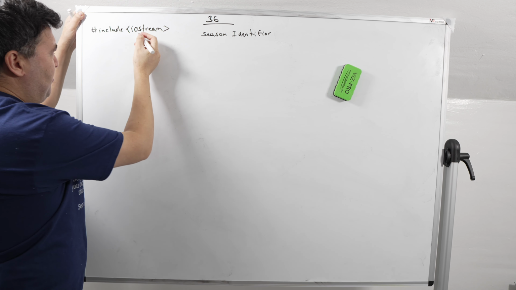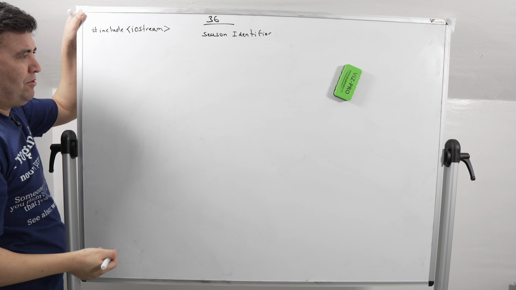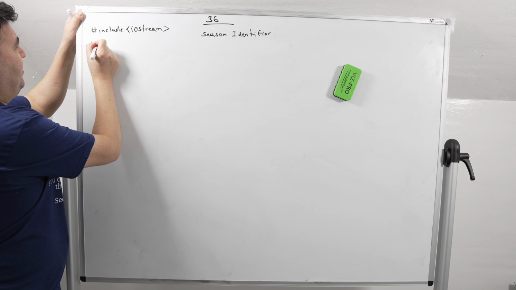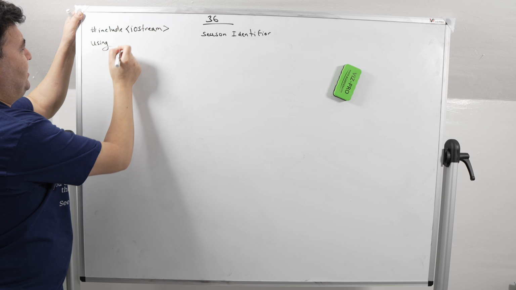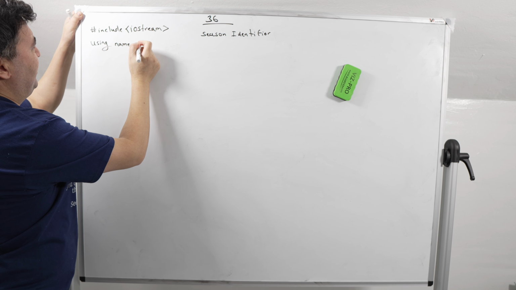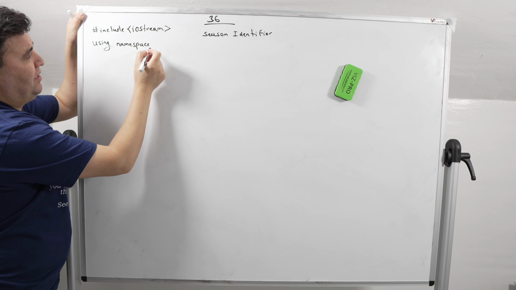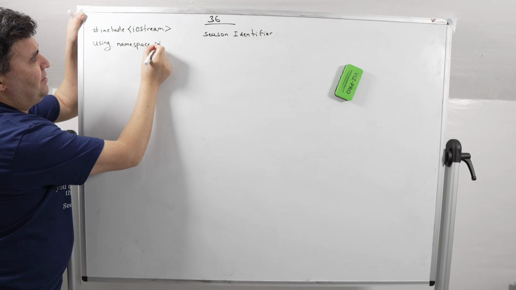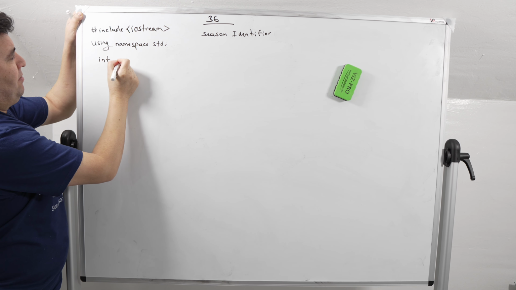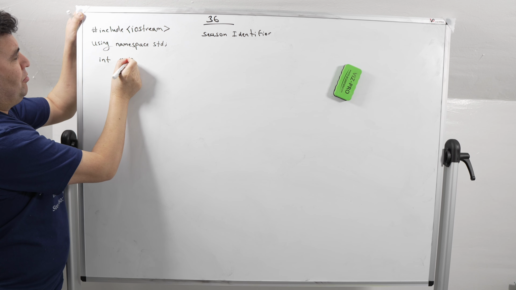So the iostream library contains the cin, cout, which we use in our program. And then we use the C++ standard library using namespace std.